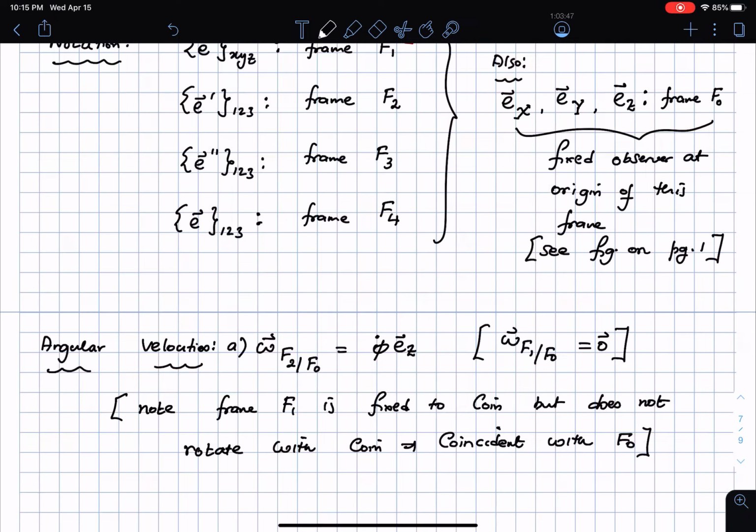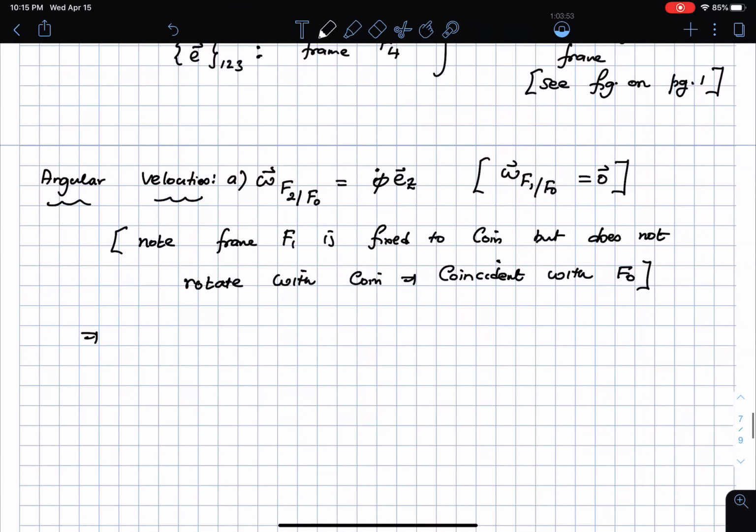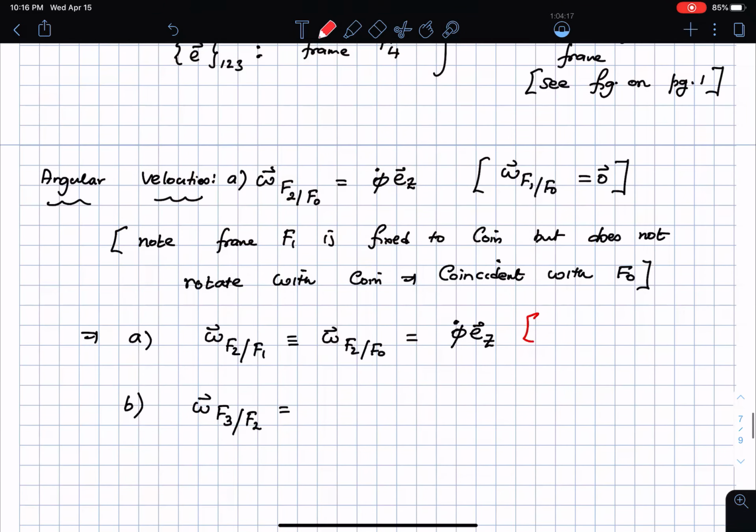So omega of F2 slash F0 is known to me, which is the same as F2 slash F1. So omega of F2 slash F1 is the same as omega of F2 slash F0, and this is going to be phi dot in the EZ. This is the first rotation in the sequence, about the 3 axis.